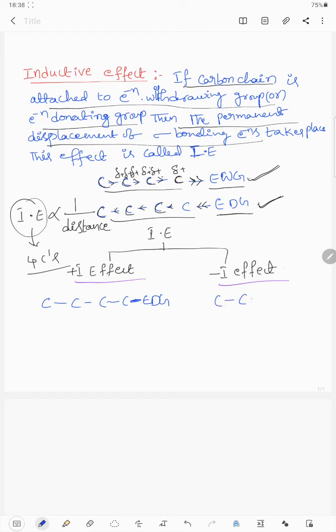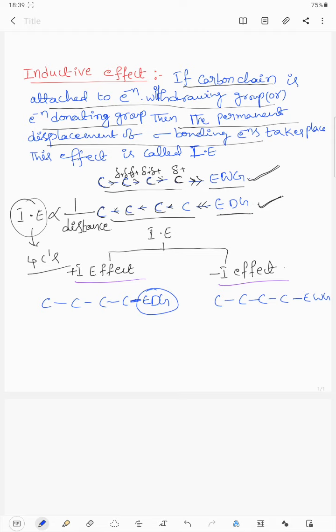Minus I effect means what? The carbon chain is having an electron withdrawing group. Due to the electron donating group, plus I effect arises. Now I am defining what plus I effect is.